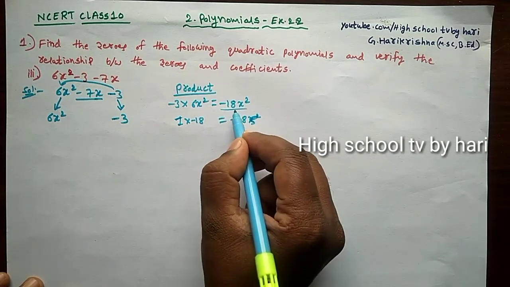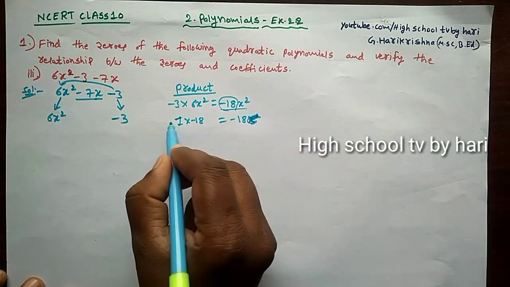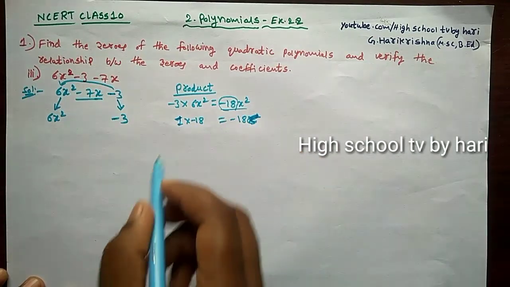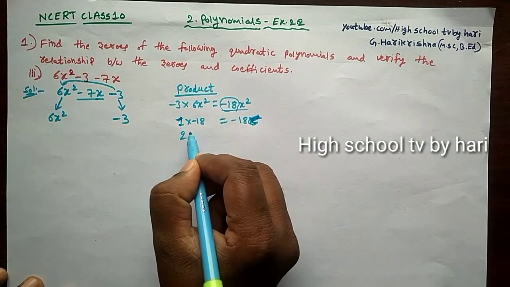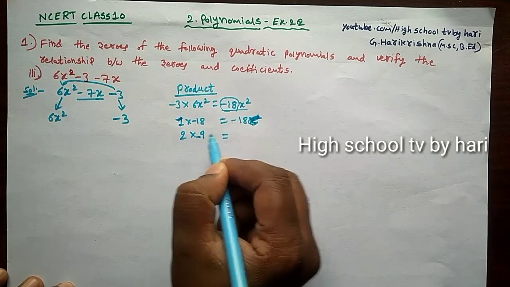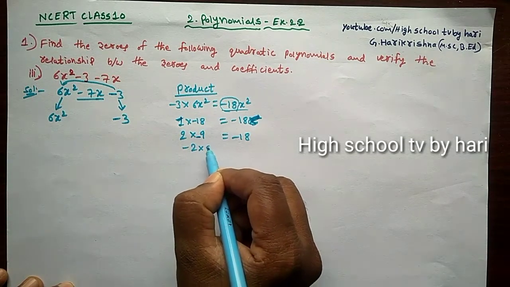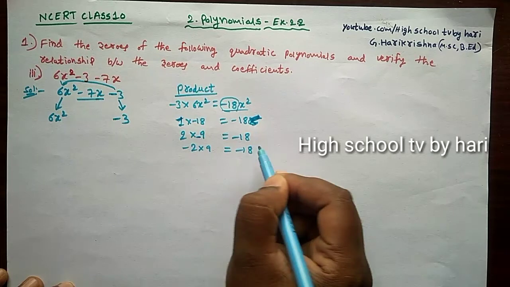I'm considering now only minus 18. 1 into minus 18 is minus 18. In the 2 table, 2 into minus 9 is minus 18, or minus 2 into plus 9 is minus 18.